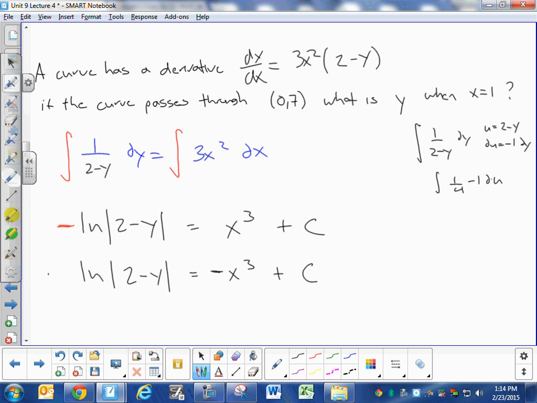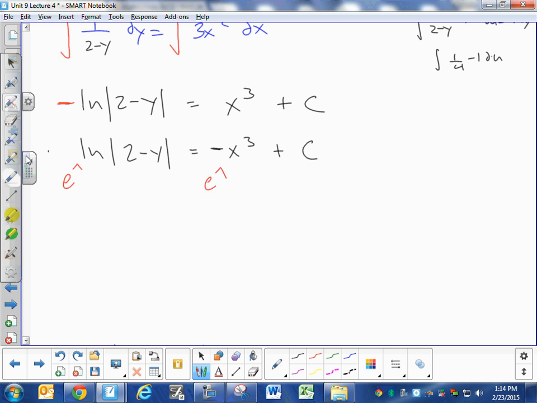Step 2, now that the log is isolated, we can get rid of it by taking e to the power of both sides. Simplify some stuff. We got to get rid of this absolute value.